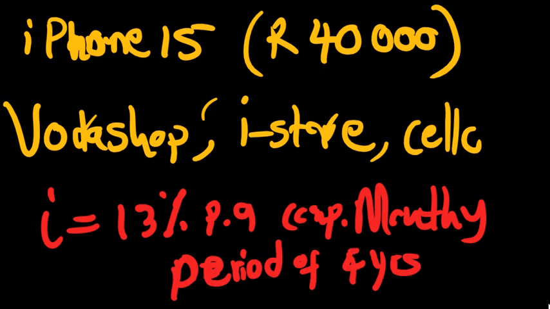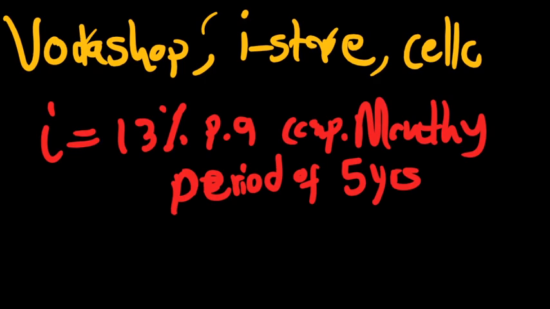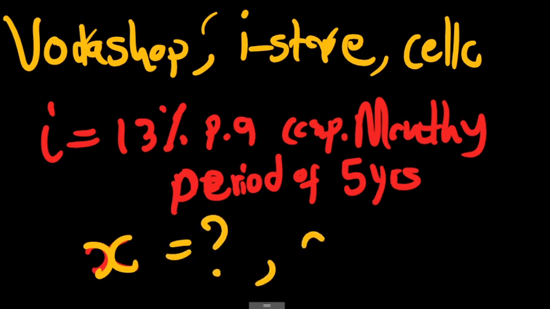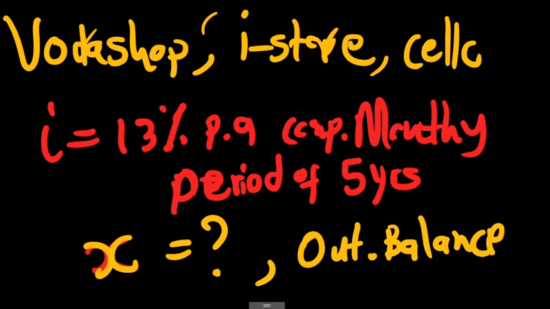Normally it's not really, it's how many years? I can't remember. Let's say 5 years, right? And what you are required to do is determine your monthly payments first, and then determine the outstanding balance of this loan.